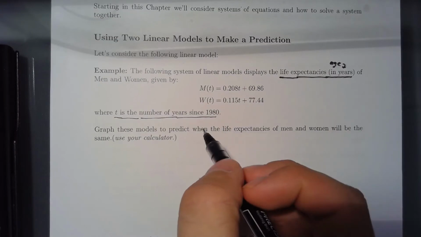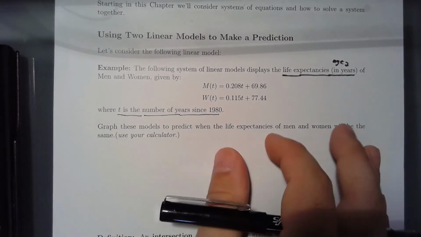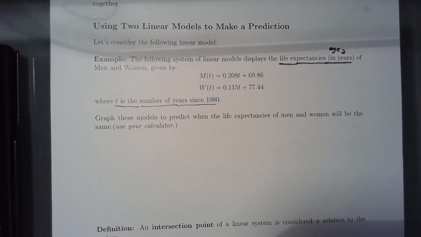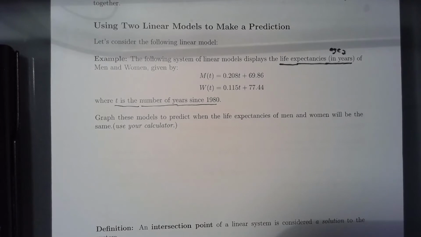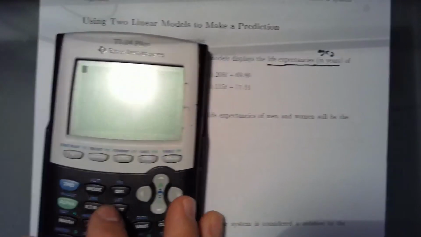We want to graph these models to predict when the life expectancies of men and women will be the same. Use your calculator. All right, so we're just looking at various ways we could do this in your calculator, really.